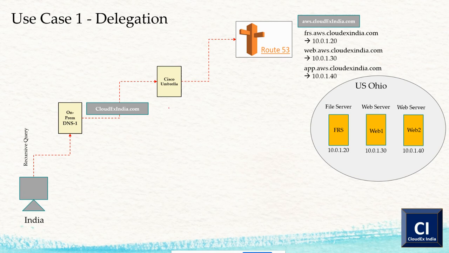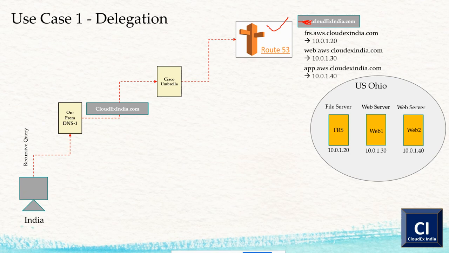So what I did, I created the same zone since I understood, okay, this is the same organization. I just removed the AWS dot. So I created the same zone, cloudxindia.com, in my Route 53 on AWS.